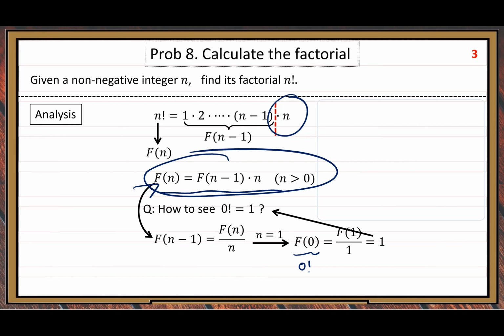It must be 1, the only choice for 0 factorial. Although it's hard to imagine why 0 factorial is 1, this formula forces us to use the value 1. Otherwise, our general formula won't be correct. We want to make it compatible with our general formula. That's the explanation for 0 factorial.